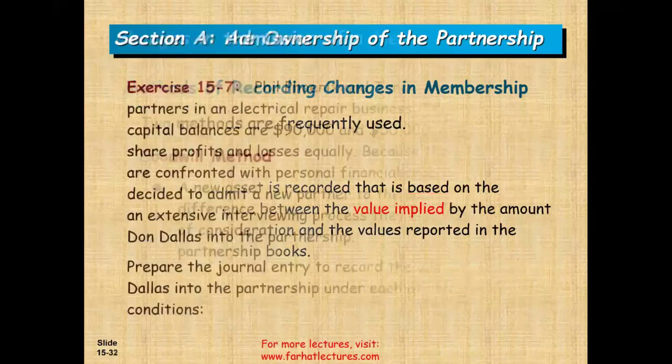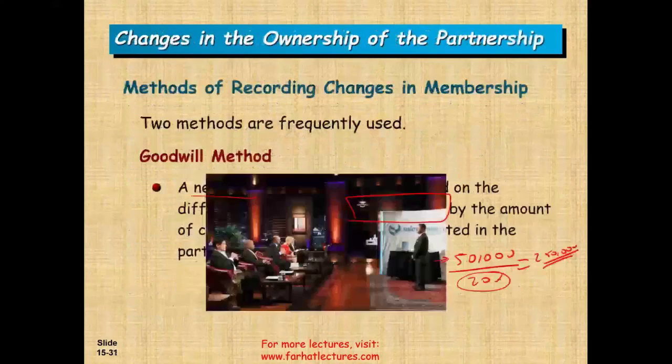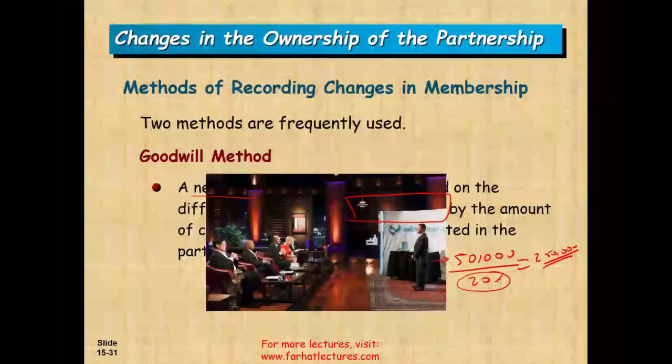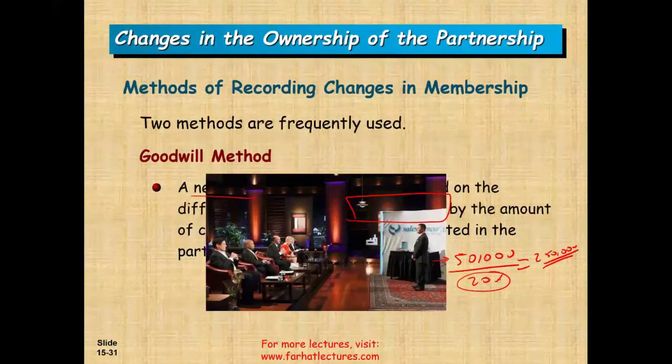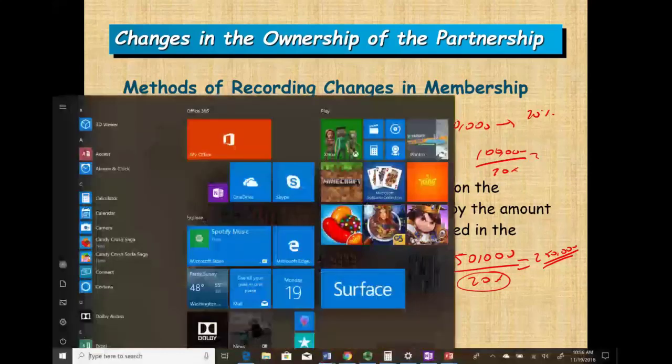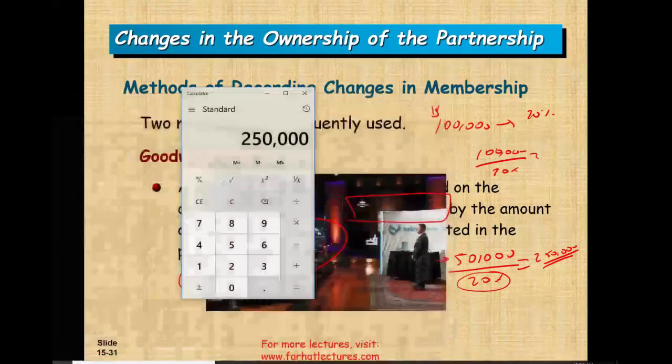And if you watch a show called Shark Tank on CNBC, I'm sure you do, when a new entrepreneur comes in and says, if you give me $100,000, I'll give you 20% of my business, immediately these people grab their calculators and take 100,000 divided by 20% to find out how much this individual is valuing their business.